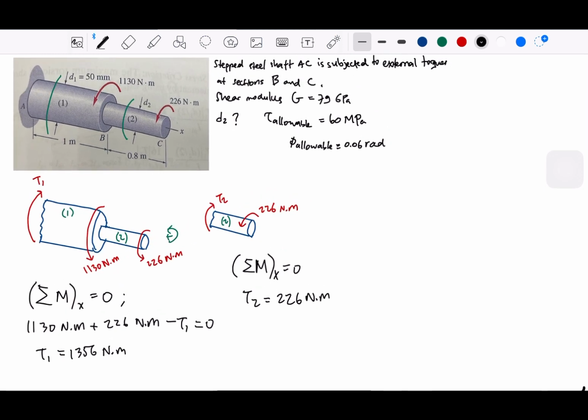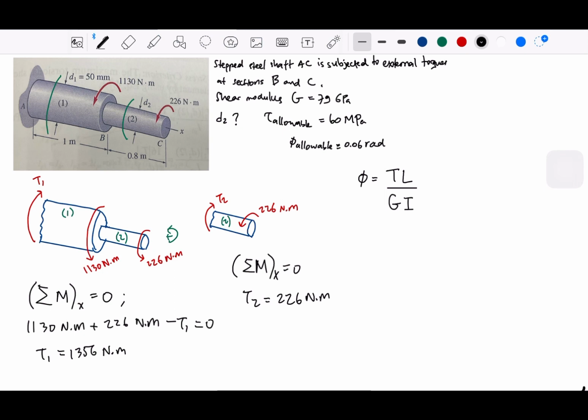Okay, and then we are going to look at the deformations. So the deformations, their formula is TL over GI.